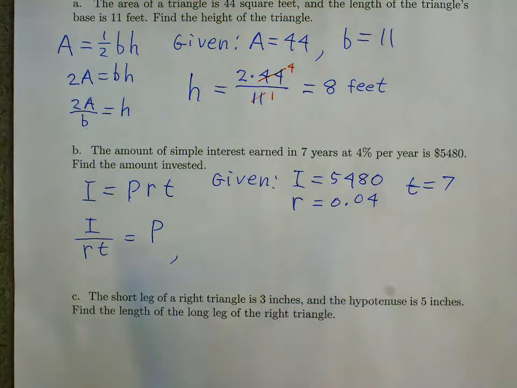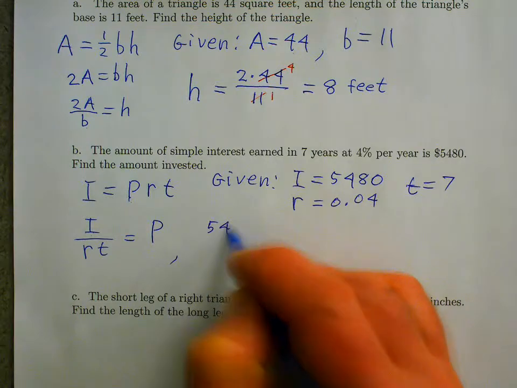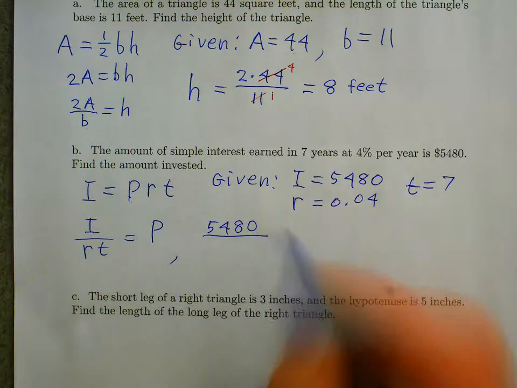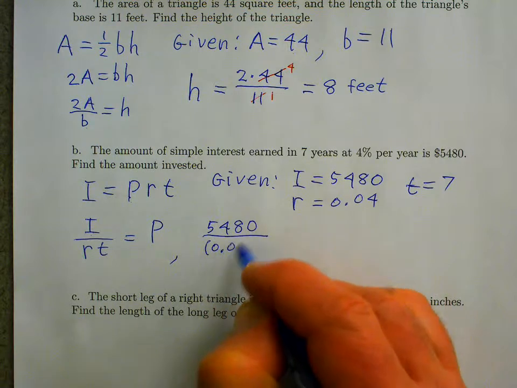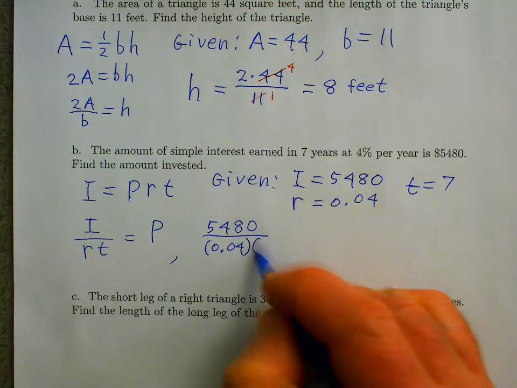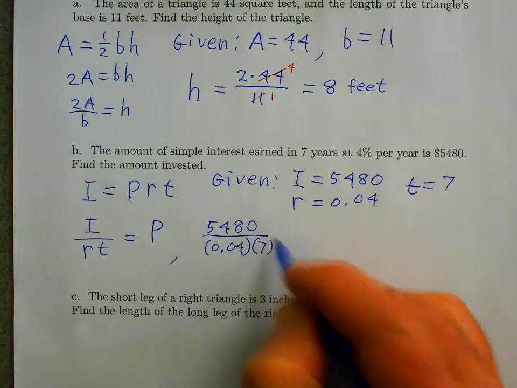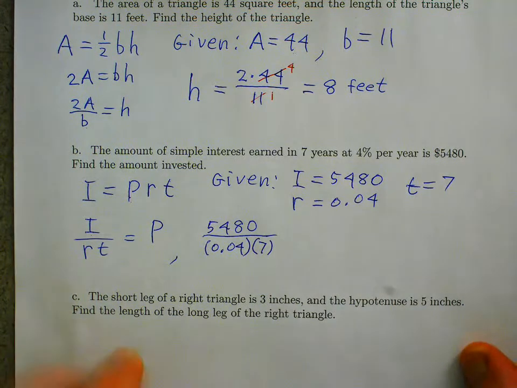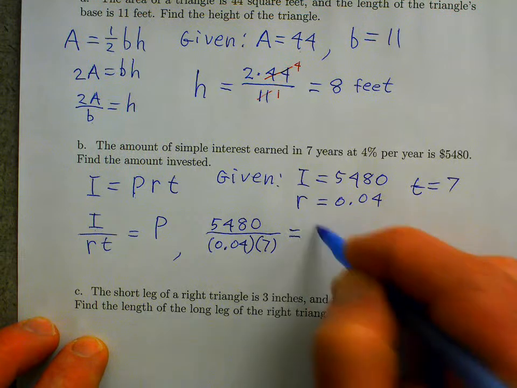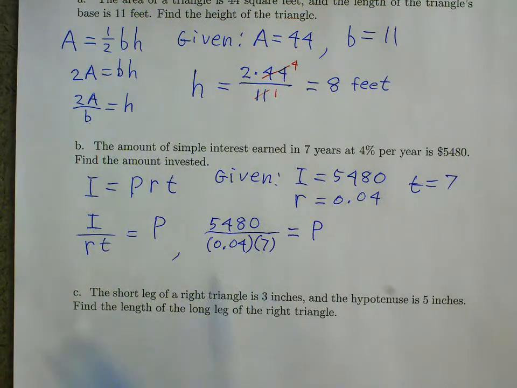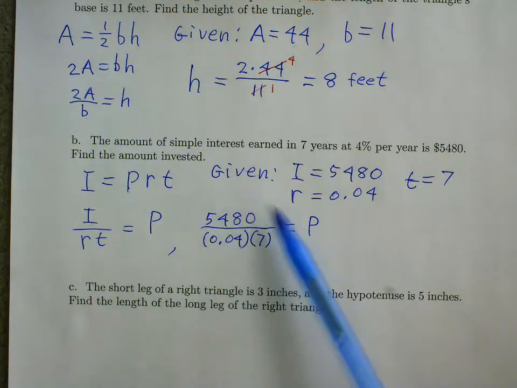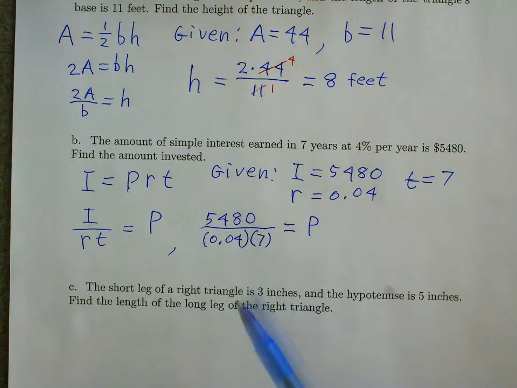And then we substitute: we replace capital I with 5480, replace r with 0.04, and replace t with 7, and that's equal to p. You're allowed to use a scientific calculator, so I'll leave the rest of that for you to do using your calculator.